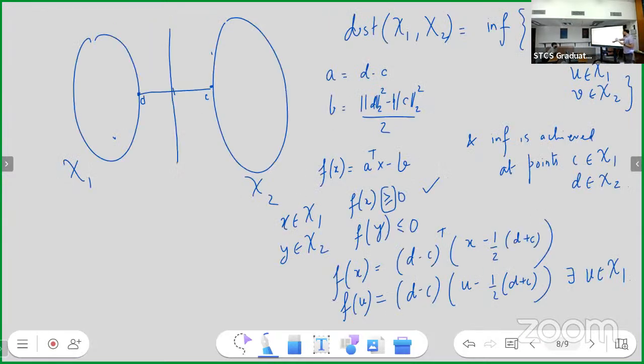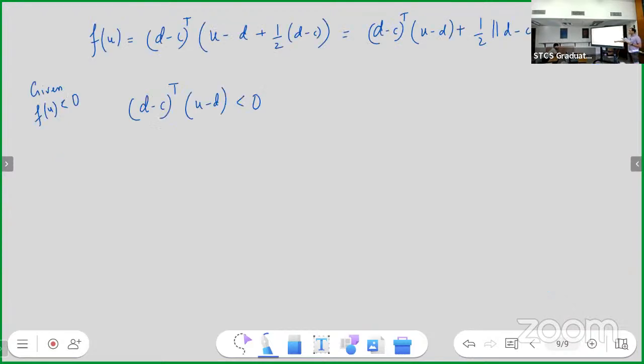From here, if f of u is less than 0, we can see C will multiply with something to produce something positive. So because the overall thing is negative, this part can be negative. That's what will turn out. And this is just an expanded form of the same f of u.